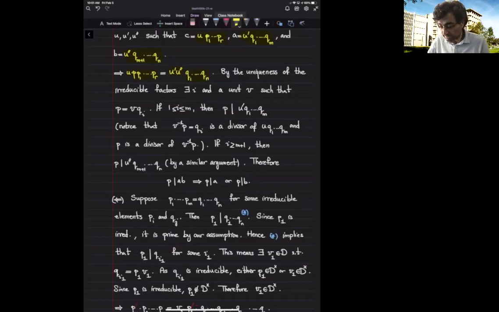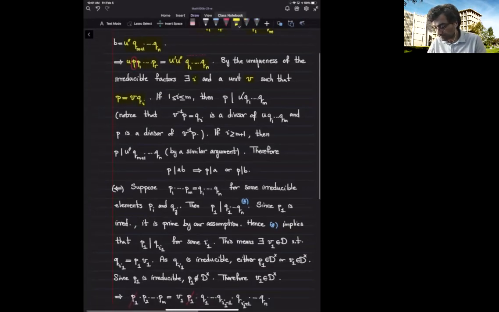The uniqueness part says that these irreducible factors, including P, should appear among the irreducible factors that we have here, up to a unit. So this means I should be able to find a unit and some index I such that P is that unit times Q sub I. So it should be one of these irreducible factors.